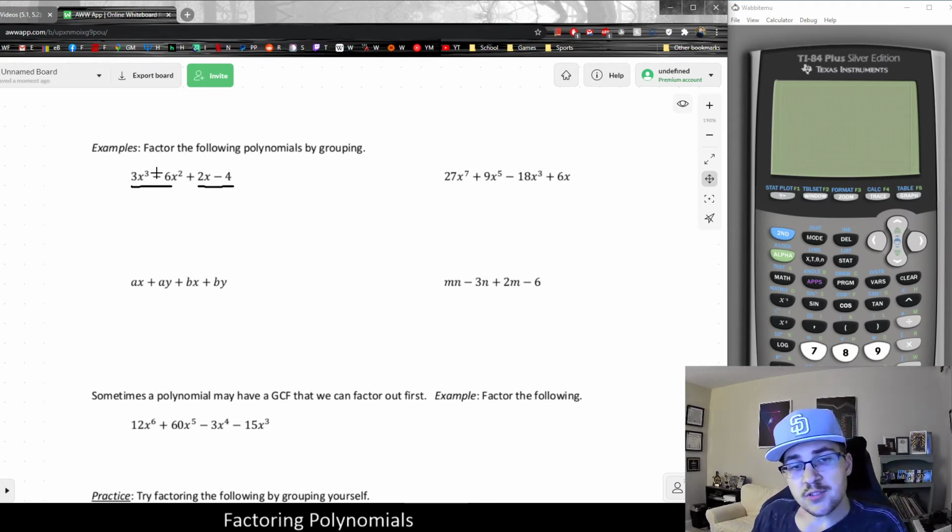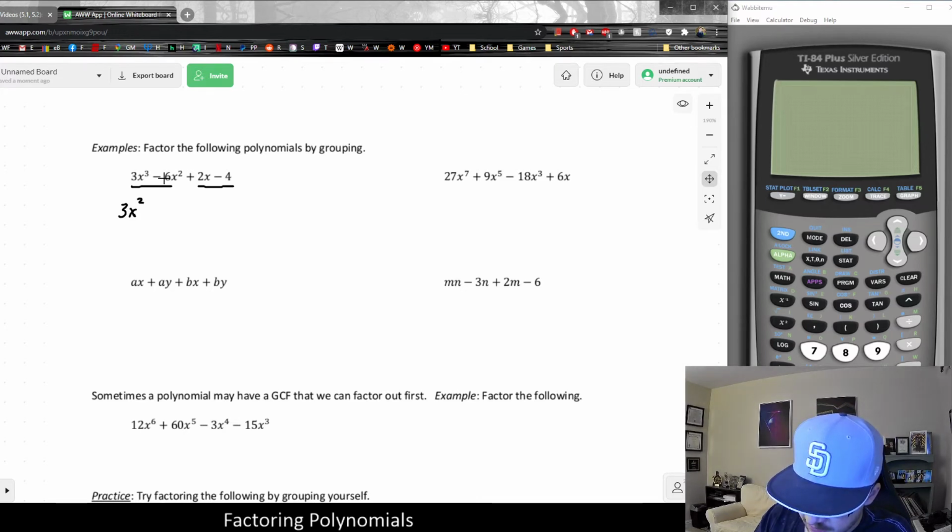Step 2 is to factor out the GCF from each group. In the first group, notice that I have a 3x squared in common. If I factor that out from the first group, what I would be left with is a single x from the first term and minus 2 from the second term.